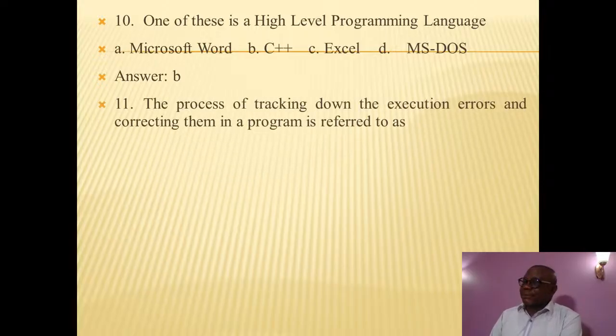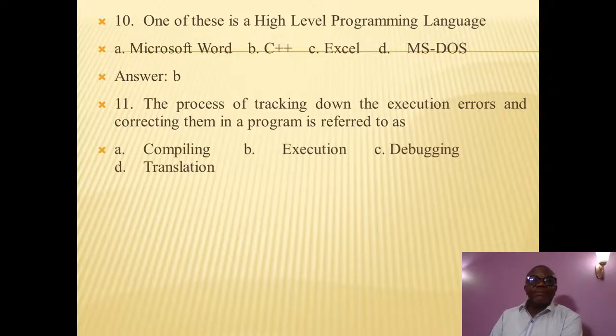Then 11, the process of tracking down the execution errors and correcting them in a program is referred to as compiling, which is not, execution, which is not, debugging, which is the answer, or translation.